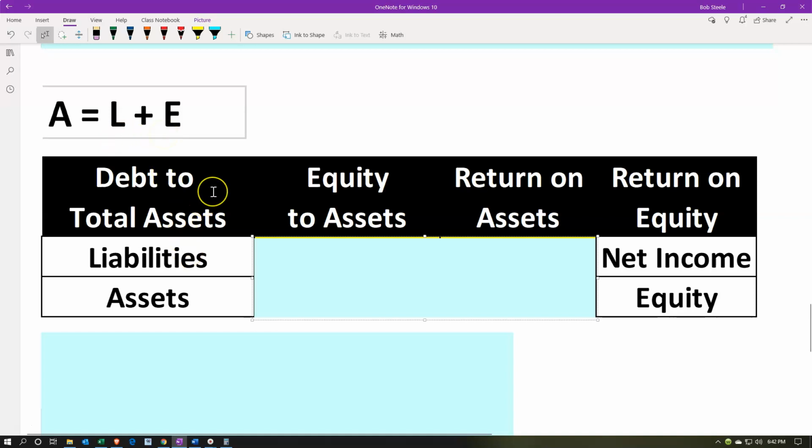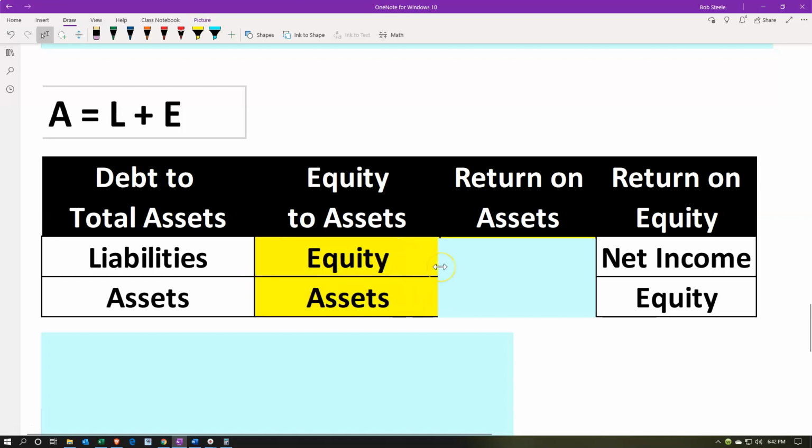So if I know the debt to total assets, then I can figure equity to total assets, and that'll give us an equation with equity in it. Equity to total assets is exactly what it sounds like, equity compared to the assets.